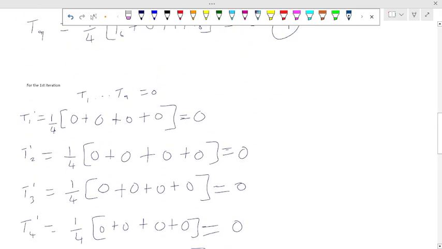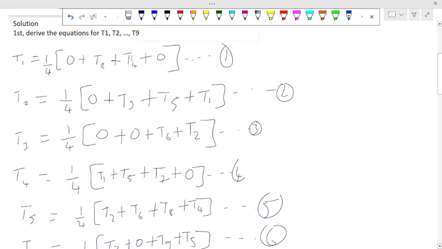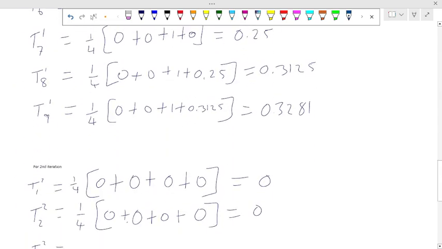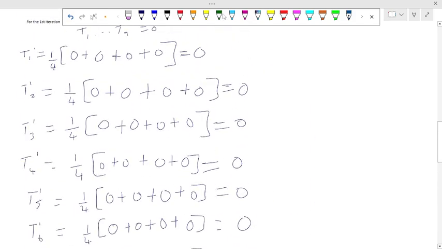Let's look at it to be sure. Equation 2. Yes, 0 T3, and our latest iterative value for T3 is 0. T5 latest is 0. T1 latest is also 0. Maybe I mistakenly looked at T6, but I should look at T1. So this part here is T1, and the latest iterative value for T1 is also 0.